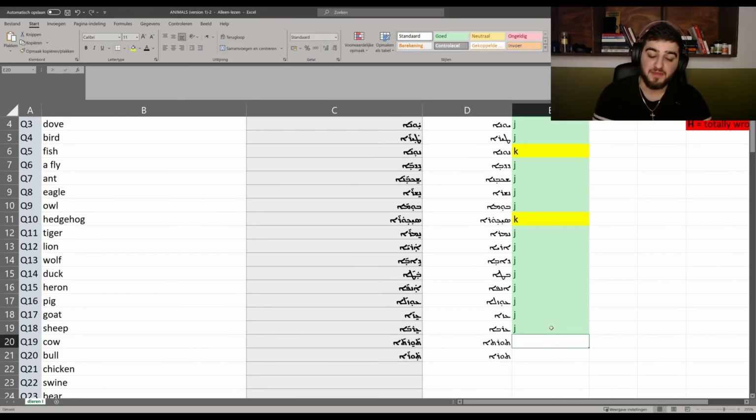This has to do with the bet. When you put a dot beneath it, it becomes a vet, right? And that vet is pronounced as a W, so that's why we say urwa. But originally, it was not with a vet, with a bet. So that's why it's actually arba with the ain and with the bet.